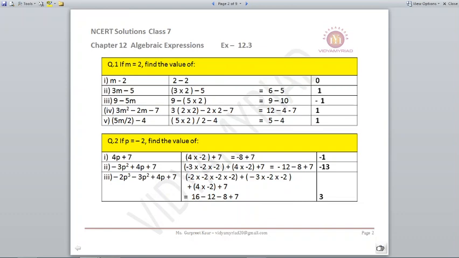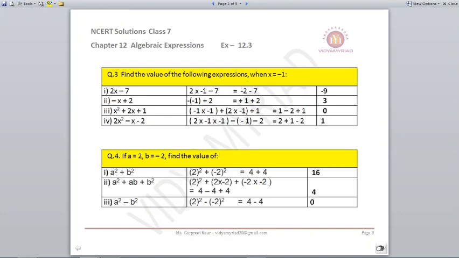When you have an even number of minus signs, your result will be positive. So plus will come. So 2 into 2 into 2 comes to 16. 3 into 2 into 2 comes to 12. But the sign is minus. How many negatives are there? 3 negatives are there, so the sign will be minus. 4 into minus 2, how many minuses? 1. 1 is odd. So the answer will be minus 8 plus 7. Solve it. You will get your answer as 3.